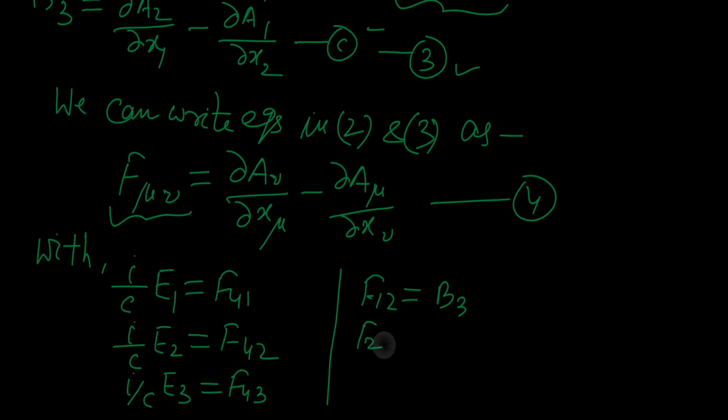F23 represents B1. And F31 represents B2.